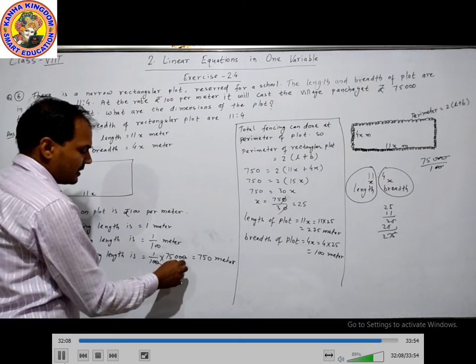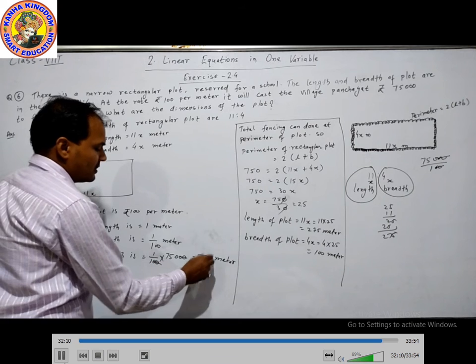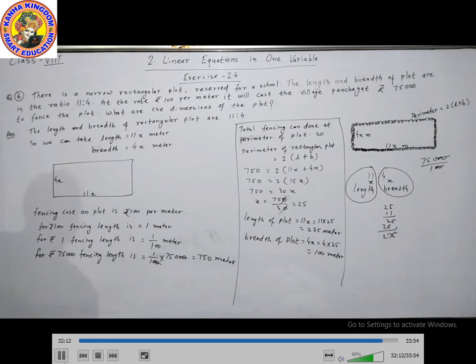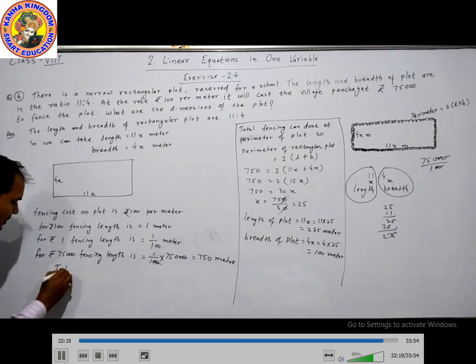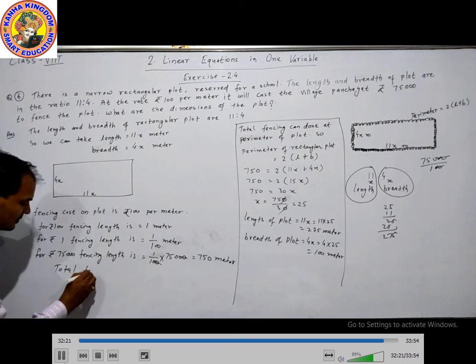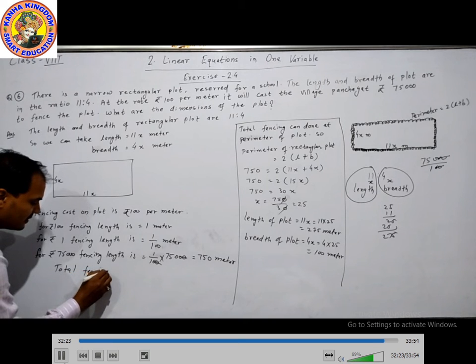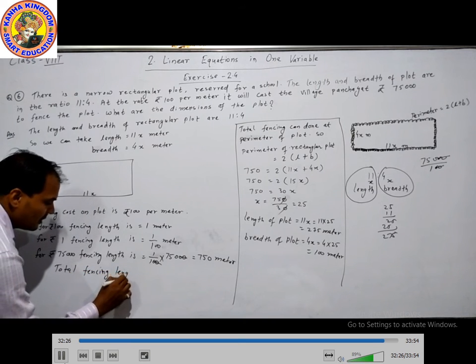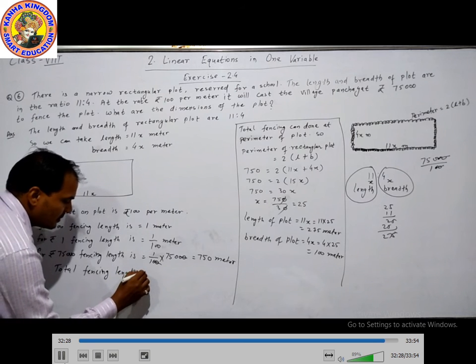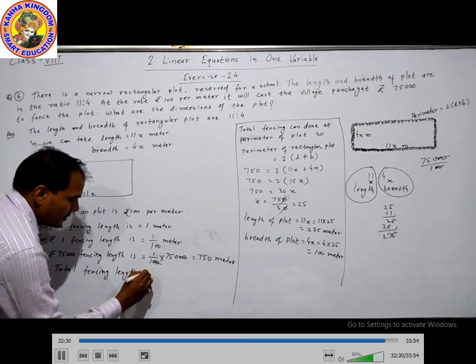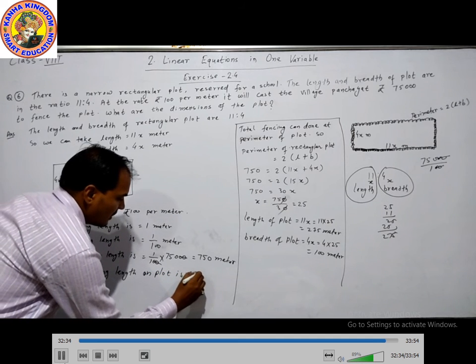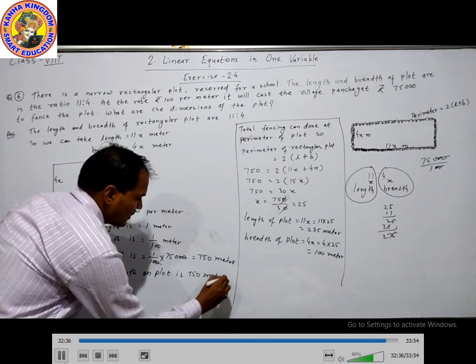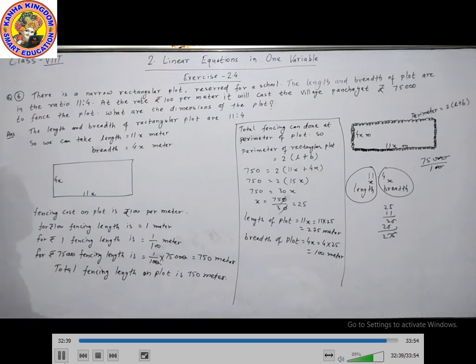We can cut 00 and 00. The answer is 750 meter. So the total fencing length on the plot is 750 meter.